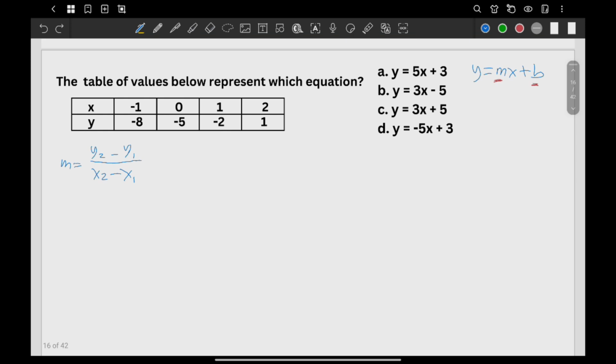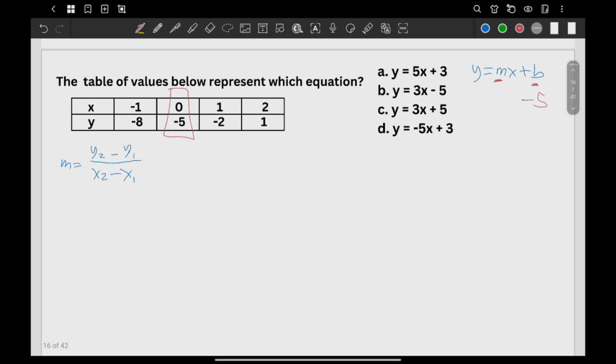It is a point wherein the value of x is always 0. That means we already have the value of b, and that is negative 5. I didn't solve for b anymore. B is already negative 5, because when you say b or y-intercept, the value of x is always 0. It's always true, okay?